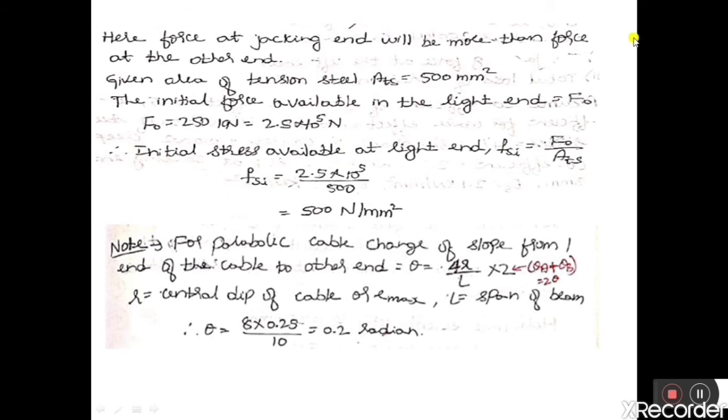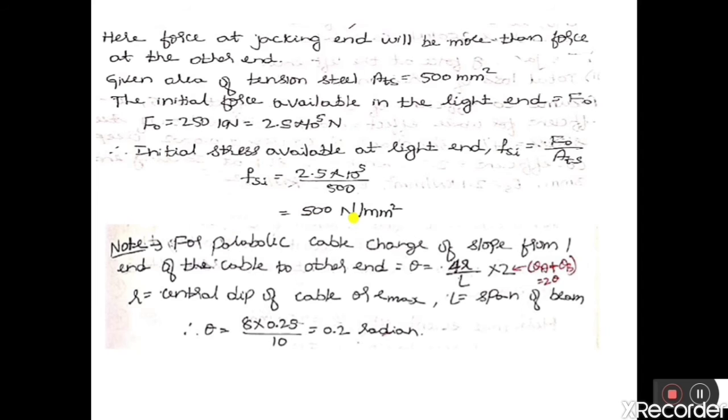So initial pre-stress available at the right end, Fsi, is equal to F naught by ATS. F naught is initial pre-stressing force at right end. ATS is the cross-section area of a tension steel. Therefore, Fsi is equal to 500 Newton per mm square.